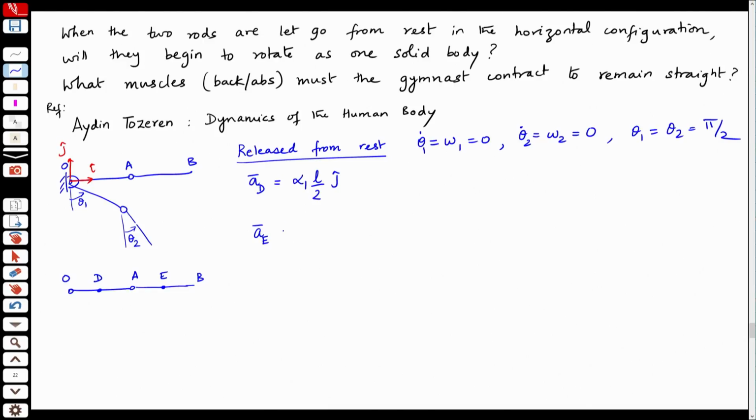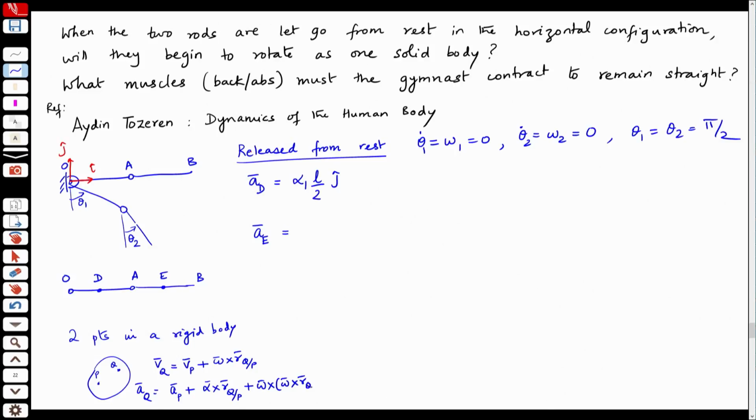Okay, for 2 points in a rigid body, say P and Q, if I know the velocity of P, I can write the velocity of Q as the velocity of P plus omega cross r of Q relative to P. Similarly, I can write the acceleration of Q as the acceleration of P plus alpha cross this, plus omega cross the relative velocity vector.